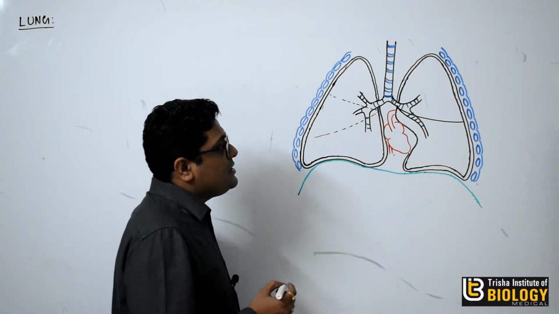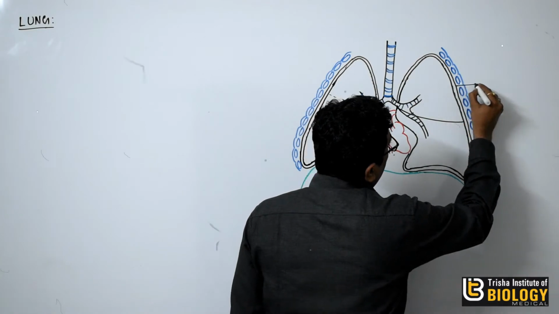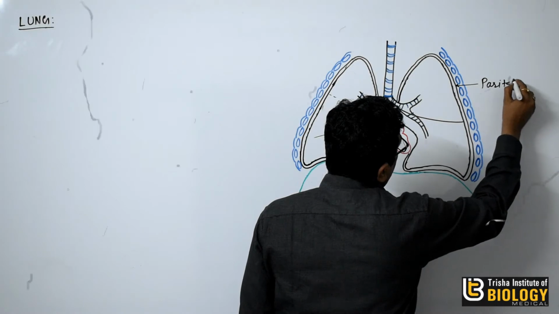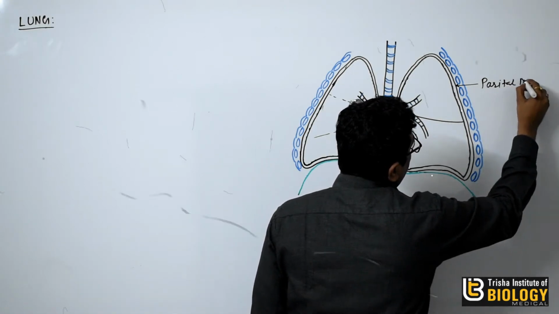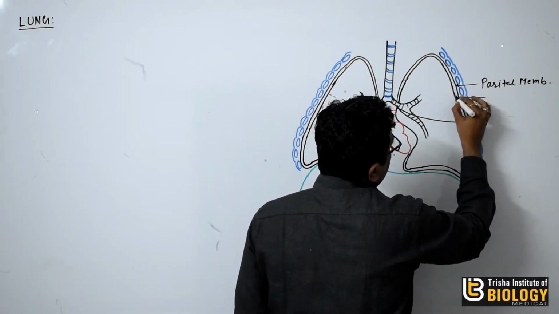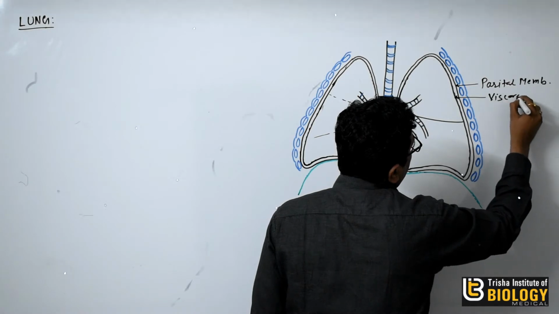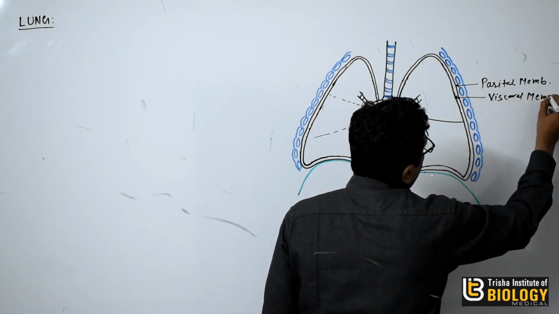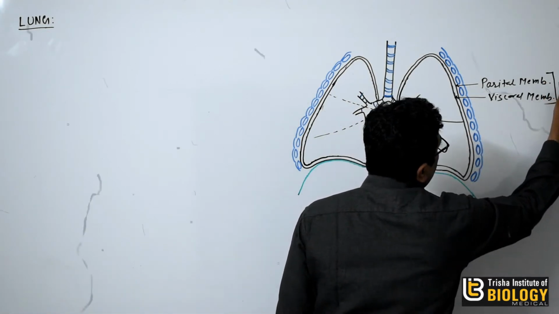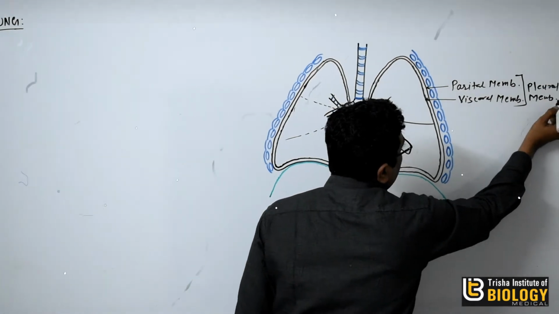Now both the lungs are covered by a membrane, and it is known as the pleural membrane. The outer membrane is known as the parietal layer or the parietal membrane. In the same way, the inner membrane is known as the visceral membrane, and combined this is known as the pleural membrane.